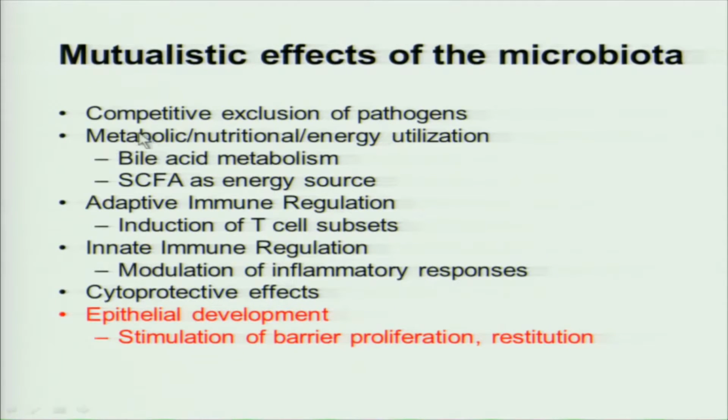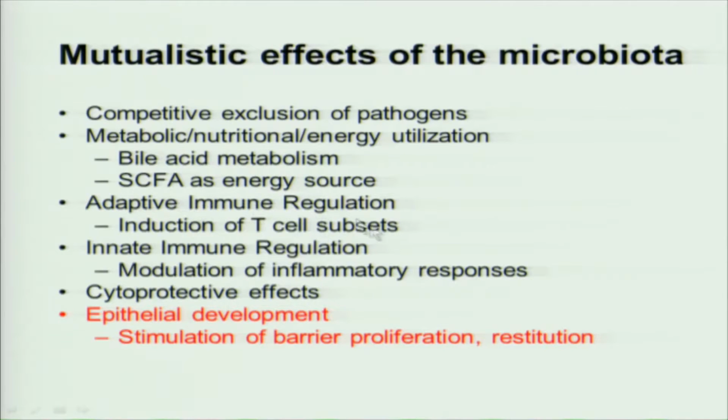The microbiota is known for metabolic, nutritional, and energy utilization, bile acid metabolism, and deconjugation of various cholic acid derivatives. That process is very dependent on the microbiota. Short-chain fatty acids, butyrate, is a major energy source, and it's thought that specific bacteria with greater or lesser ability to extract these nutrients can contribute to obesity and other regulatory or metabolic effects.